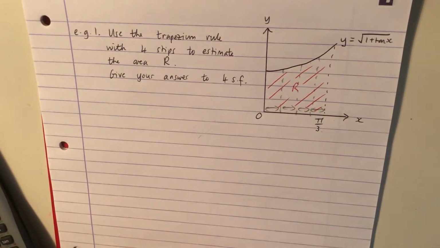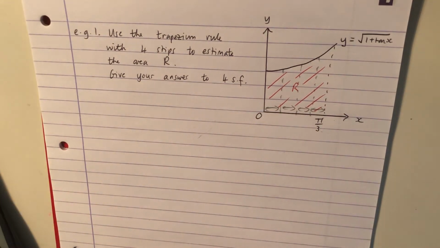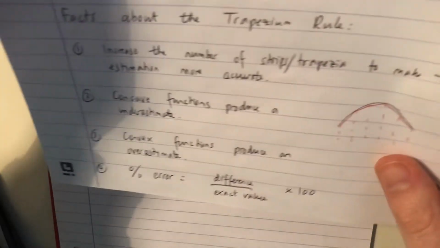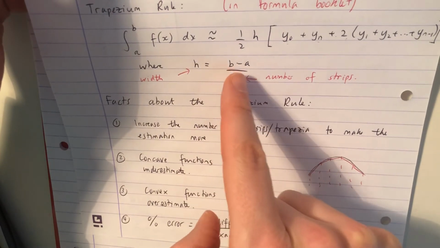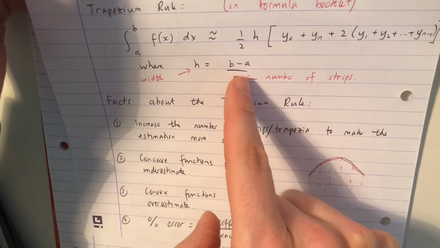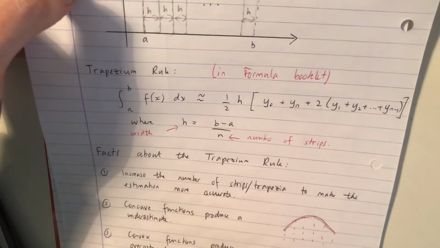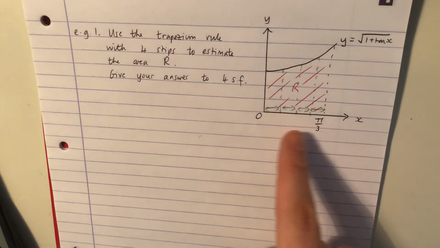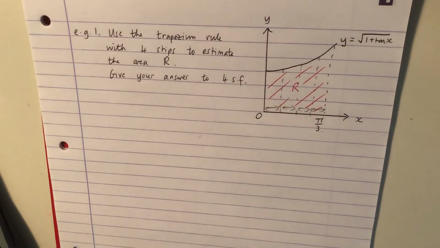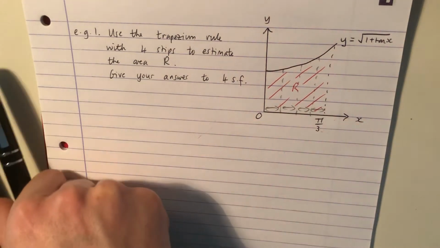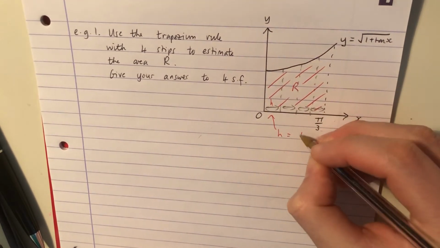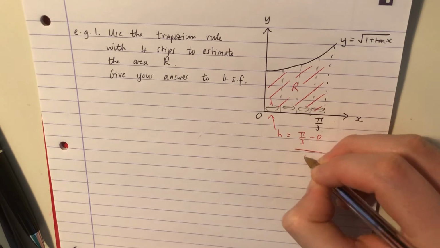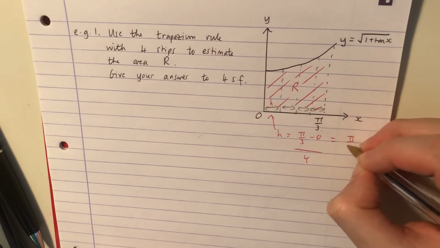So there's a way to work out that step, which was in the formula. Okay, so the step is this width. B minus A over the number of strips. So pi by 3 subtract 0 over the number of strips. So in this case, h would be pi by 3 subtract 0 over the number of strips, which is pi by 12.